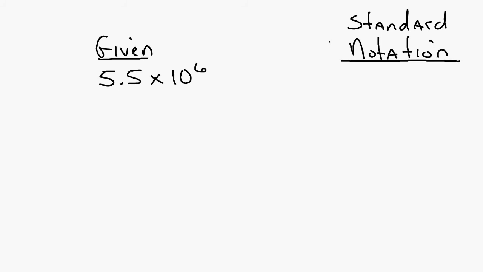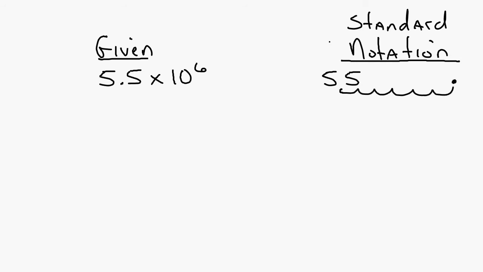Take the number and just rewrite it without a decimal: 5, 5. Since this is to the positive 6th power, our number in standard notation has got to be bigger than 1. Put your pencil where the decimal place would be, and we're going to go 6 to the right: 1, 2, 3, 4, 5, 6.